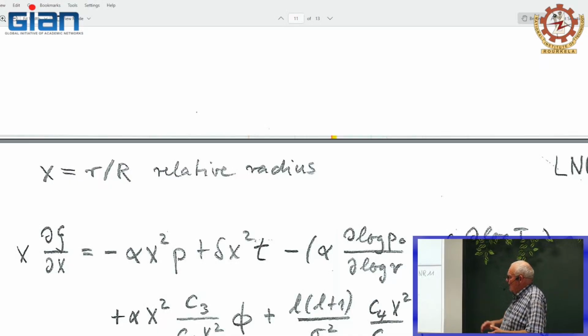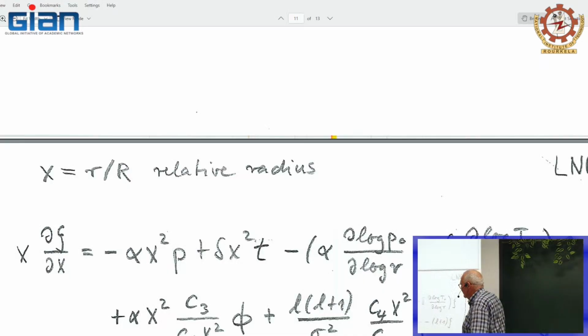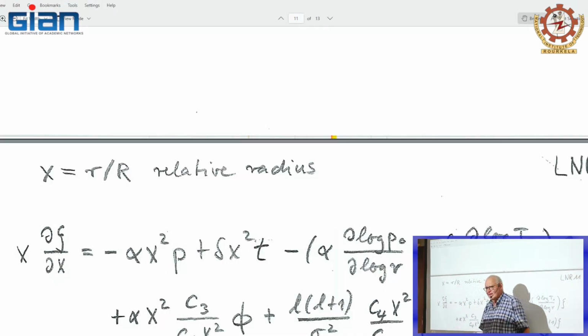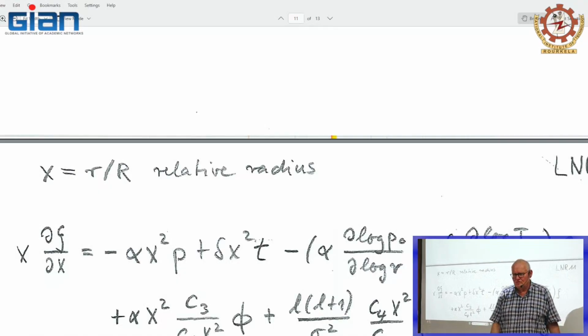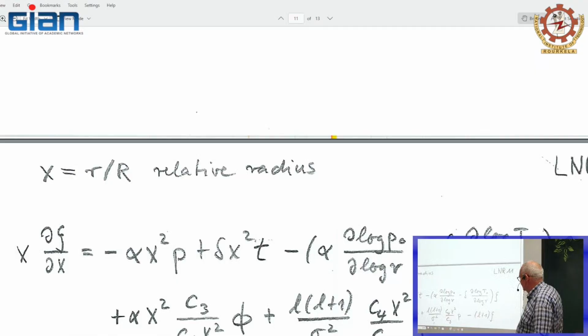So what we end up with is a system of equations which partially looks quite similar to the radial case. It's not that simple, but there are some terms which we might recover. This is, for instance, alpha times p plus delta times t. This is a term which also appears in the radial case.